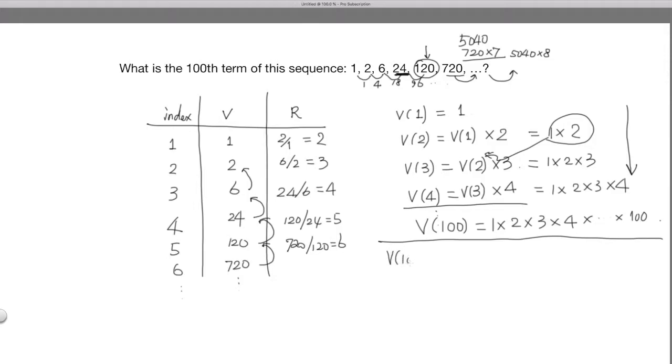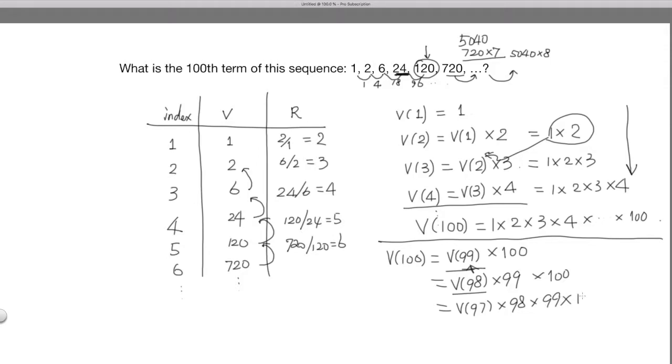The other way, going backward, is kind of similar. We know the V100 term equals the V99 term times 100. But V99 equals V98 times 99, correct? And then times 100. And just keep doing this. V97 times 98 times 99 times 100, and so on, equals V1 times 2 times all the way to 100.